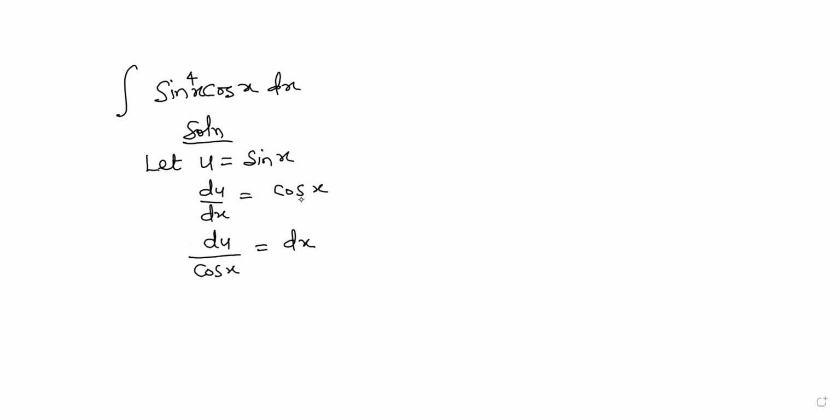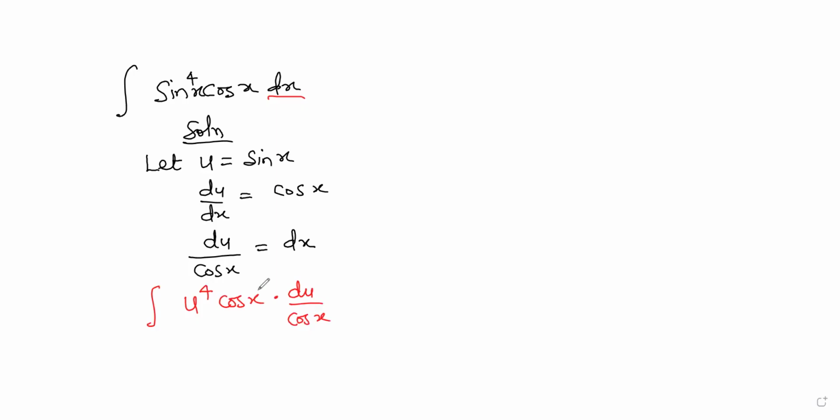We said that dx and cos x are inversely proportional, so you can interchange them. So now we're going to have the integral of u raised to the power 4 times cos x, and wherever we see dx, we're going to put du over cos x.